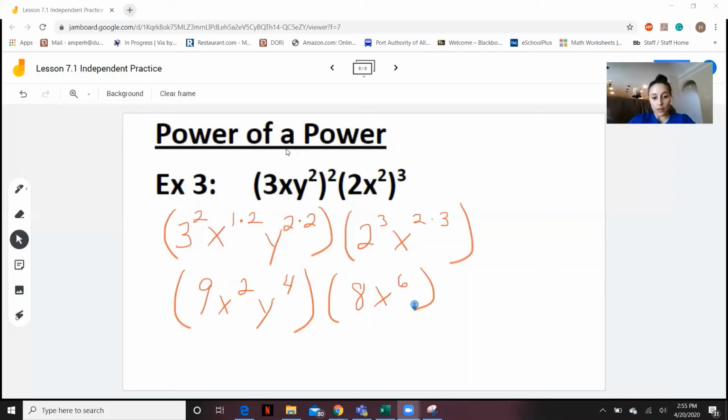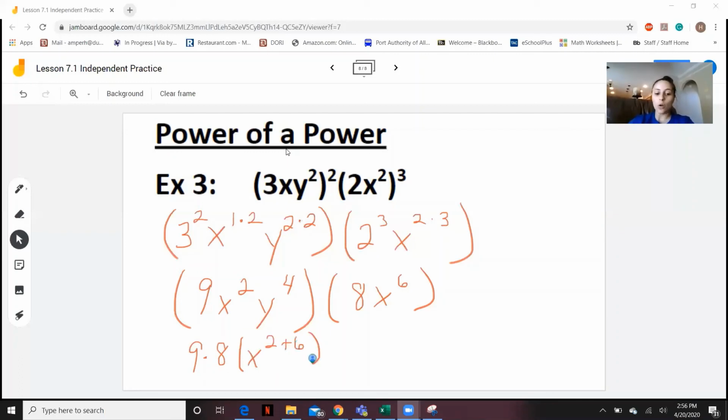So now we have a regular multiplication of powers here, and then we'll just apply our product of powers. So again, we're going to be writing our coefficients together and then all of the like terms together so that we can easily perform our operation. So we're multiplying, so 9 times 8, and whenever we multiply exponents with the same base, we write it so that we add the exponents.